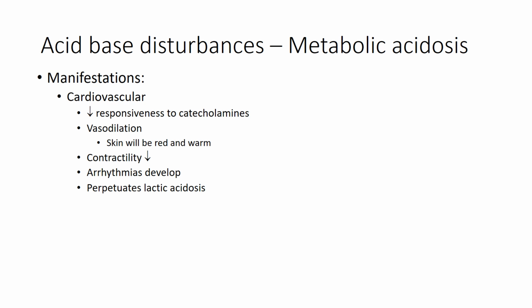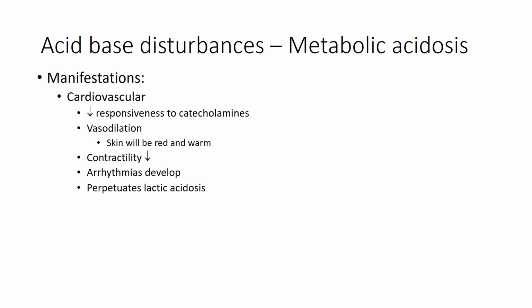Okay, we'll have decreased contractility, right, for the cardiac tissue itself. Okay. And if you have decreased responsiveness to these catecholamines, that explains the decreased contractility. Right now, when it tells your heart to beat, it's not beating as strongly.